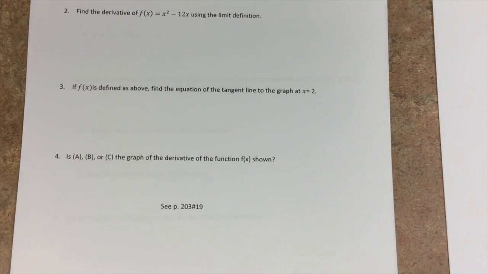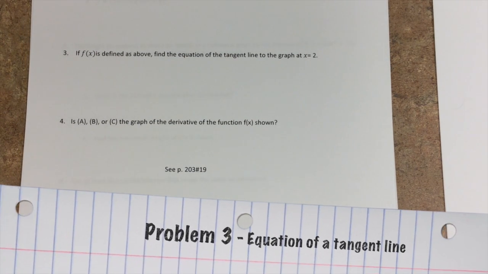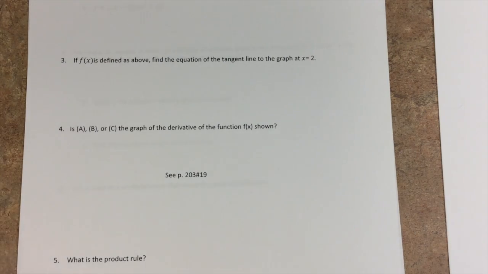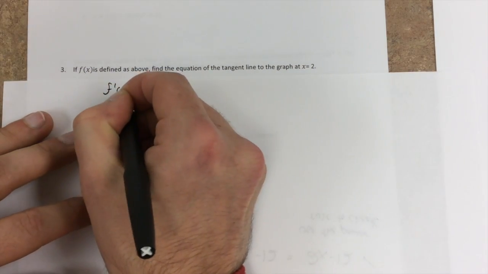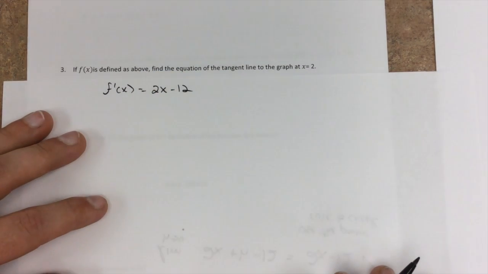Next up, third problem. If f of x is defined as above, find the equation of the tangent line to the graph at x equals 2. Okay, well we just found the derivative of this function is f prime of x is 2x minus 12.